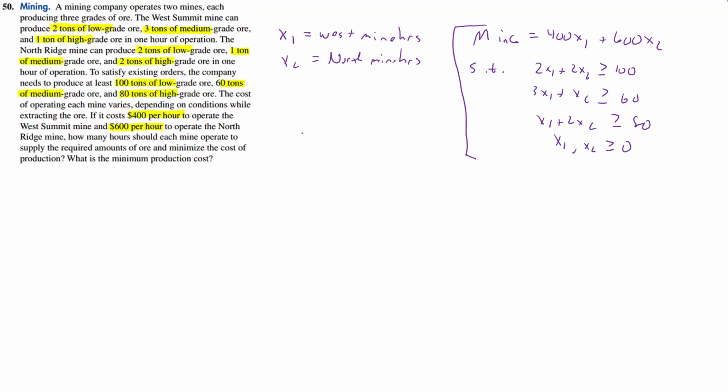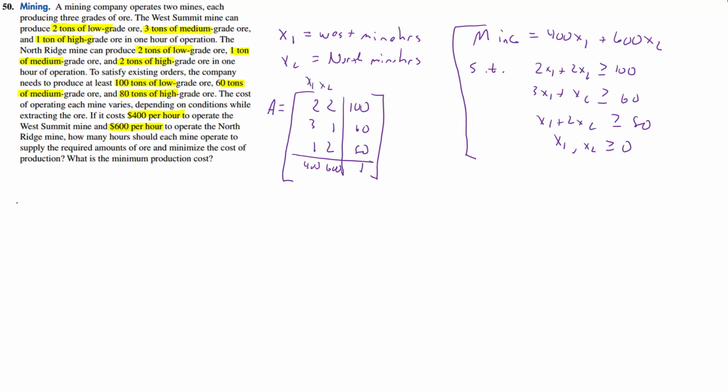All right, so with that said, now we have to find A and A transpose. So let's do A. Well, that's going to be a 2, a 2, a 100, and then a 3, a 1, and a 60, and a 1, and a 2, and an 80, and then a 400, and a 600, and a 1. So that's my A. Again, that's my x1, x2.